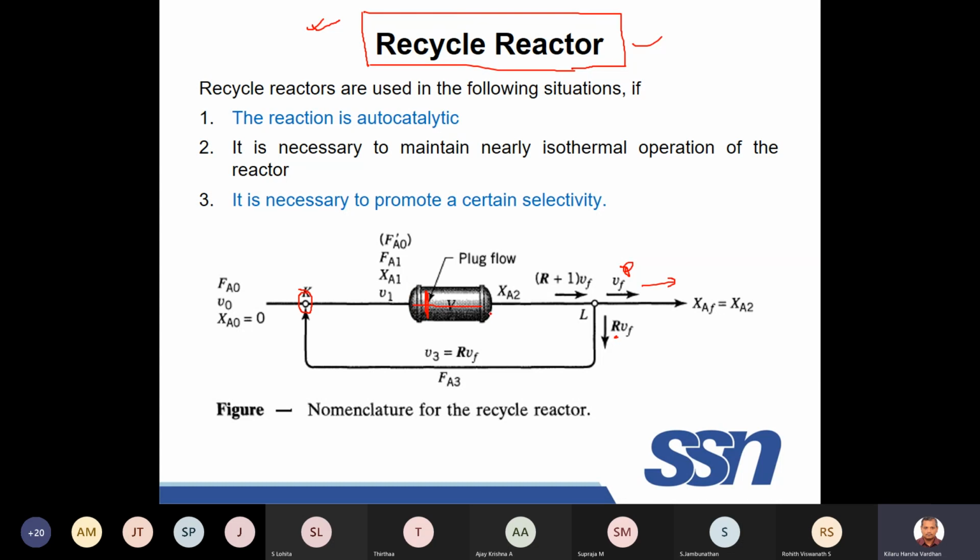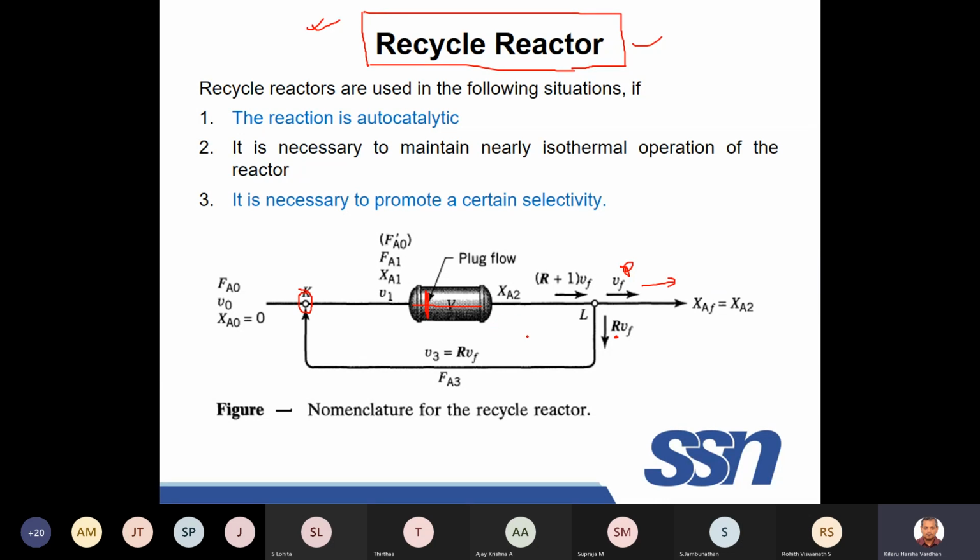Where R is infinite, the design equation should turn into a CSTR, because everything is recycled. Therefore, there is mixing happening here, and the performance of a recycle reactor will be like a CSTR. That we will see, right?